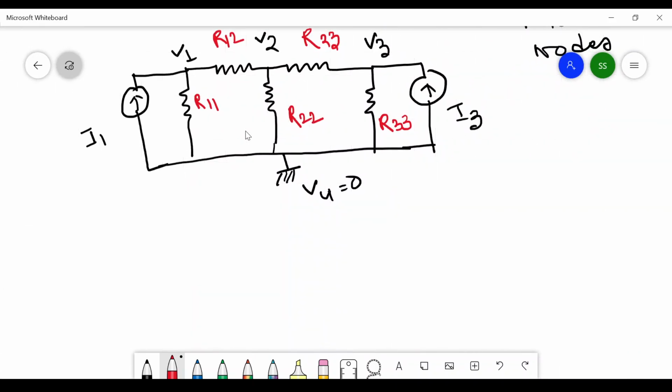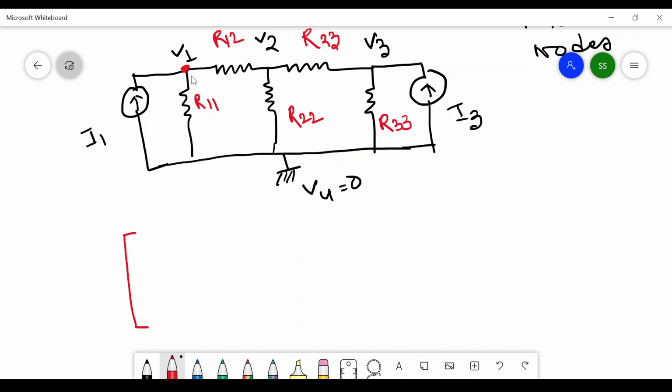Okay, now from this particular circuit analysis, we have already gotten the nodal equations. But from looking at the circuit, if you want to write down the nodal equation matrix, how does it look? Here you have to understand that for first node 1, you have to check what are the resistances connected to this particular node.